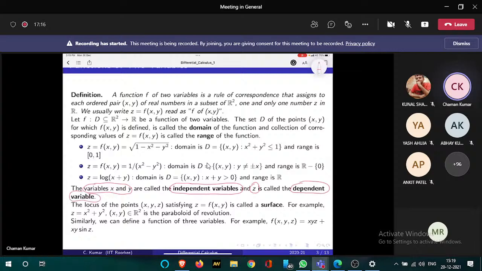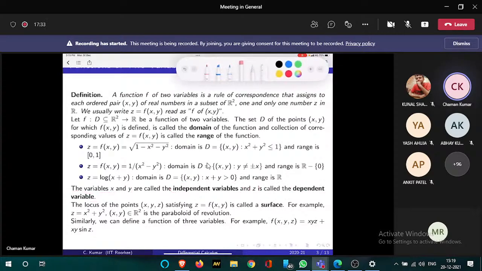The value of z is determined by substituting the values of x and y. That is why it is the dependent variable. So x, y in the example are independent variables and z is the dependent variable.